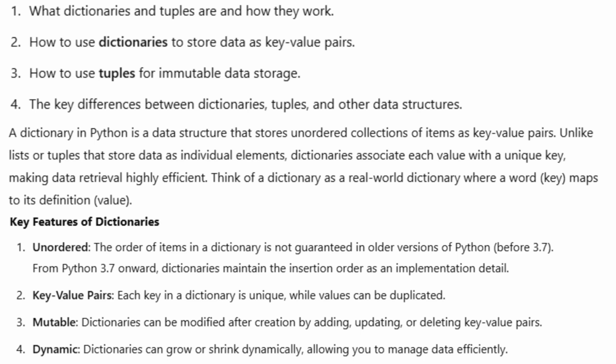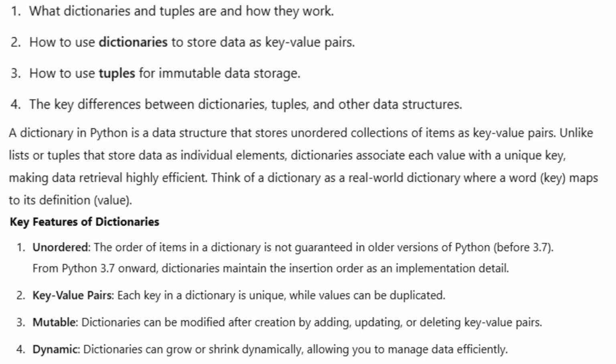Key features of dictionaries. Number 1, unordered. The order of items in a dictionary is not guaranteed in older versions of Python before 3.7. From Python 3.7 onward, dictionaries maintain the insertion order as an implementation detail. Number 2, key value pair.